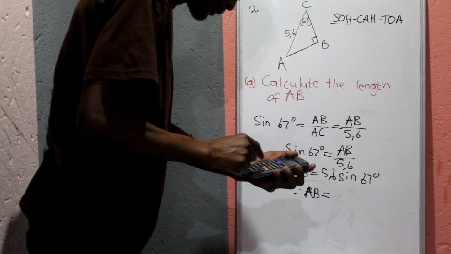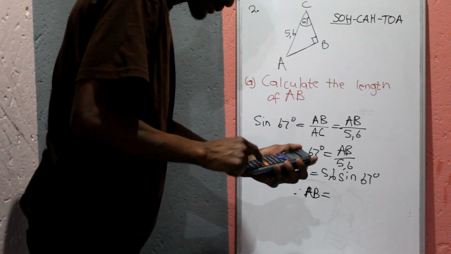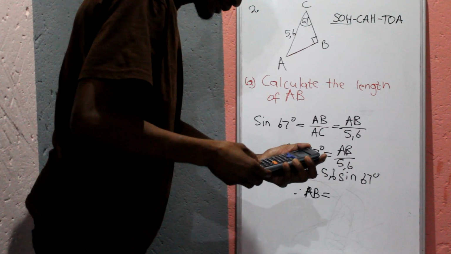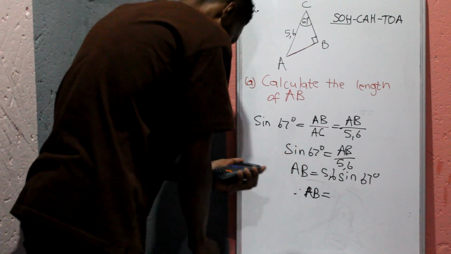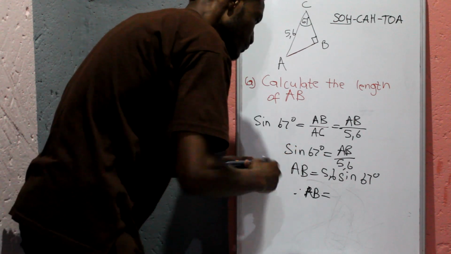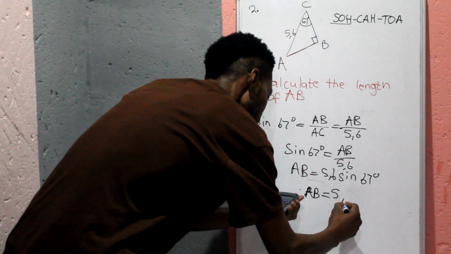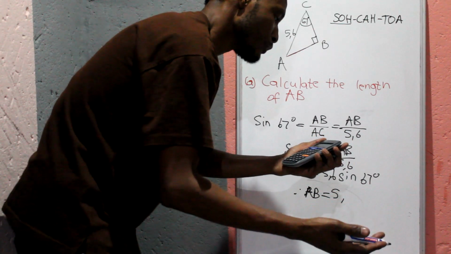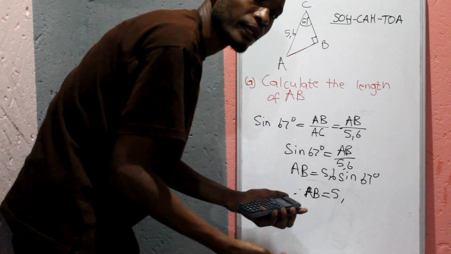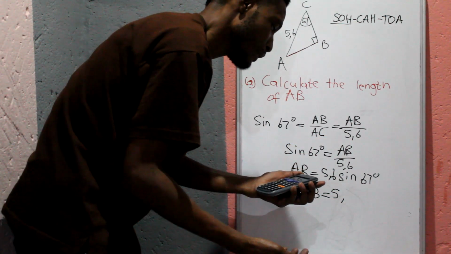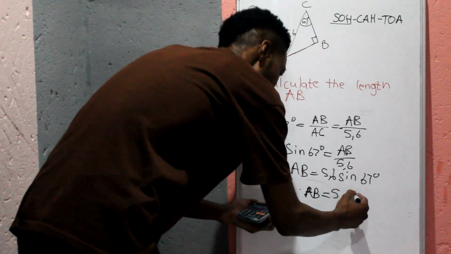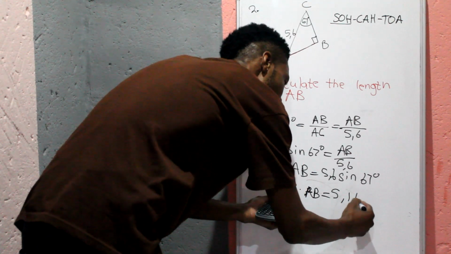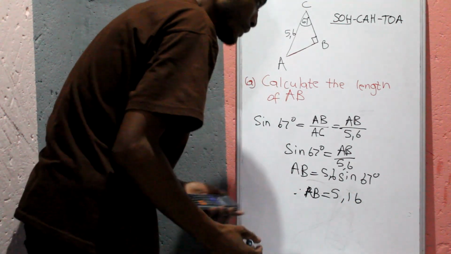that's going to be 5.6 sine 67 degrees being 5.154, which, if you round it off, starting from the fourth digit, is going to be 5.16 units.